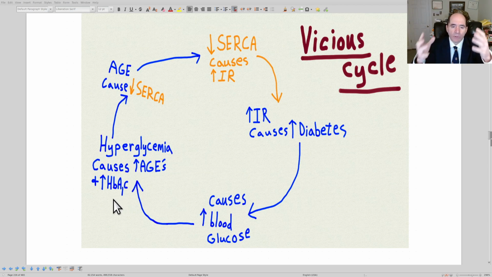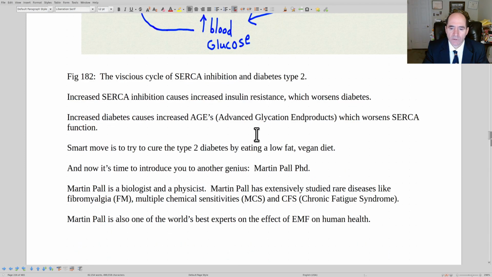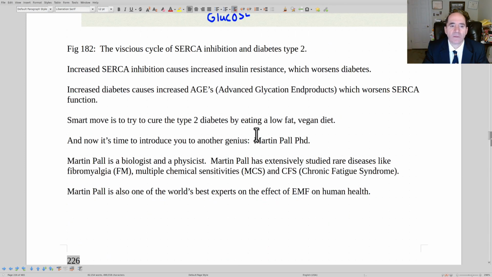So the higher the hemoglobin A1C, the amount of glycated hemoglobin in your red blood cells, the more likely that your Circa is inhibited. So if you do the things that prevent diabetes, you're also doing things that are probably going to protect your Circa enzyme and your ability to manage calcium inside your neuron cytoplasm, to be able to pump it out of there, to turn the cell off, which is what you need to do to not go into excitotoxicity, programmed cell death.